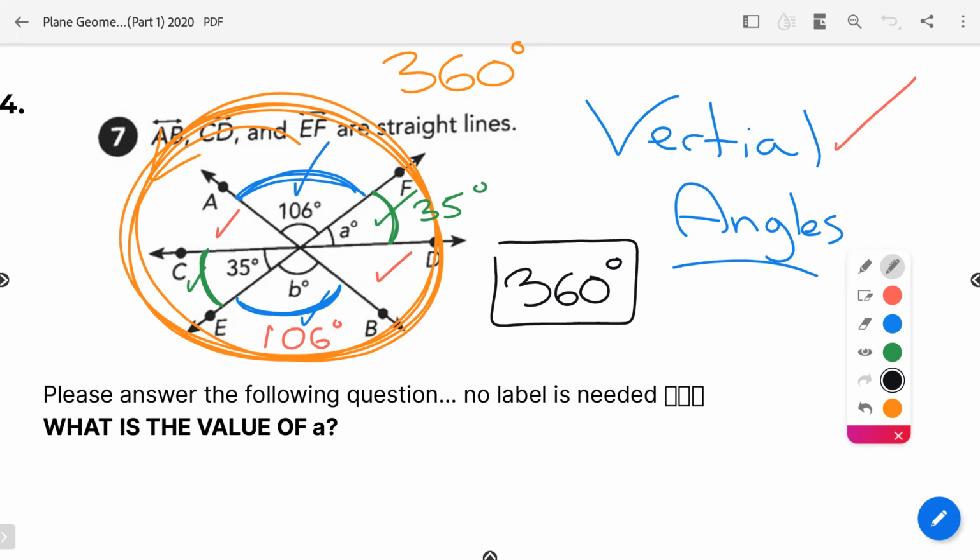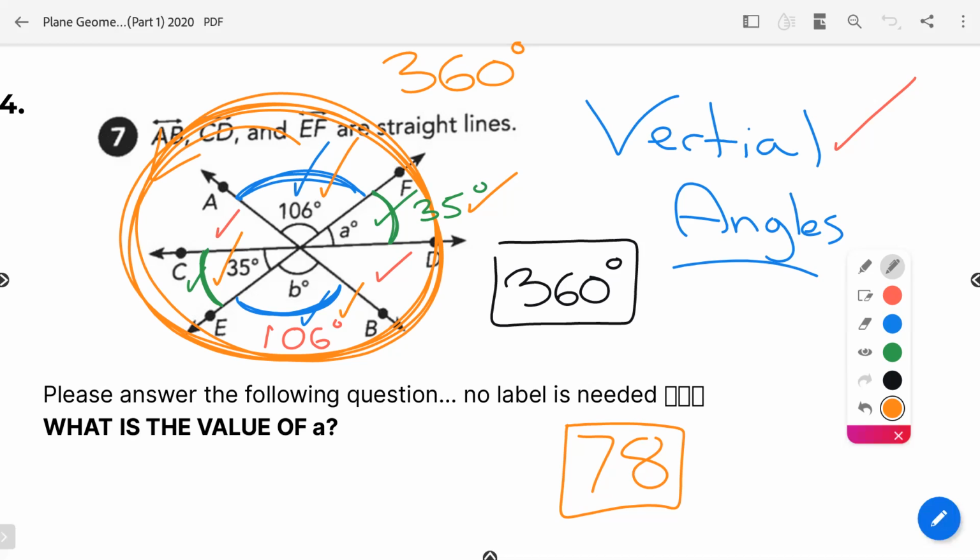So take 360 and go around here and subtract: minus 106, then minus 35, then minus 106, then minus 35. And what you're left with when you're all said and done is 78. Now, 78 is the combined value of the two angles that are left. 78 degrees are those two values that are left.